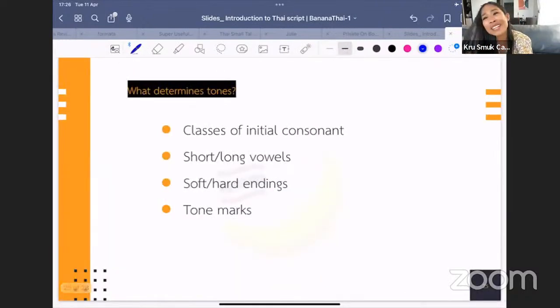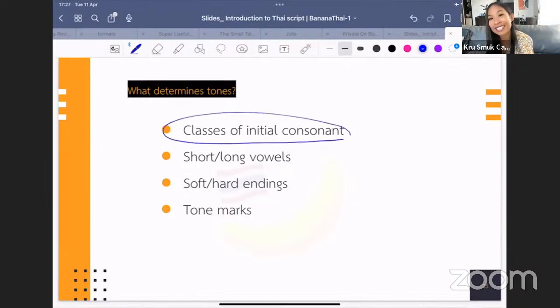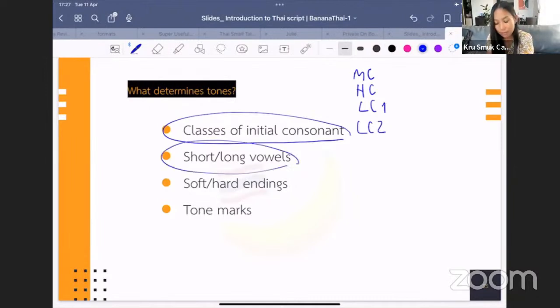And what determines tone? First thing you need to learn is class of consonant. You learn consonants and you also have to learn the classes, whether it's middle class, high class, low class 1, or low class 2. Because all of these beginning consonant classes will determine tone. Second one, as I mentioned, short and long vowel.